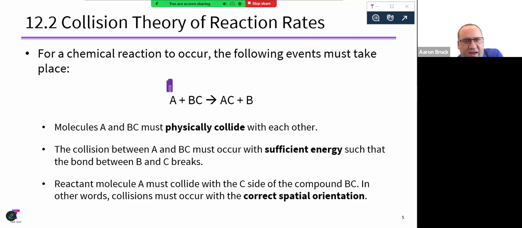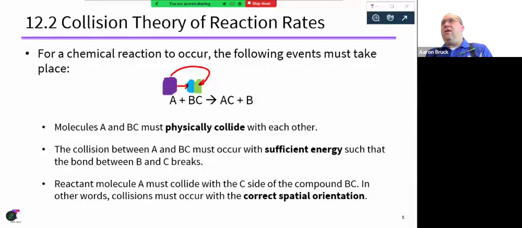I have a reaction, if I have A here, and BC looks like this, there is going to be a difference between A bumping into B versus A bumping into C. If the A bumps into the B, I'm not going to get the products that I want here.